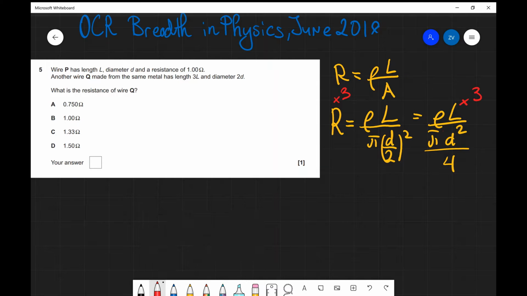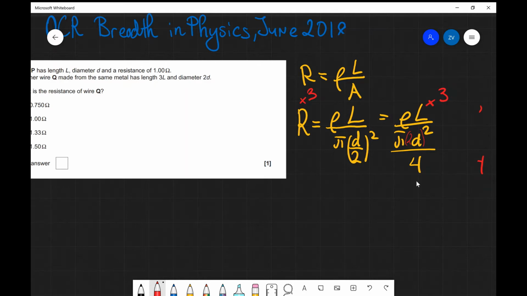I can illustrate this, so there will be an additional factor of (2d) squared, which will actually give you a factor of 4. So if we double the diameter, because we're squaring it, we're actually going to get a factor of 4 increase in the area.